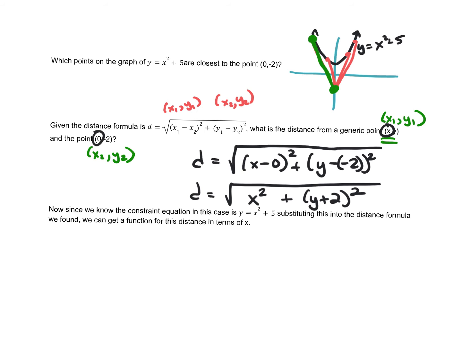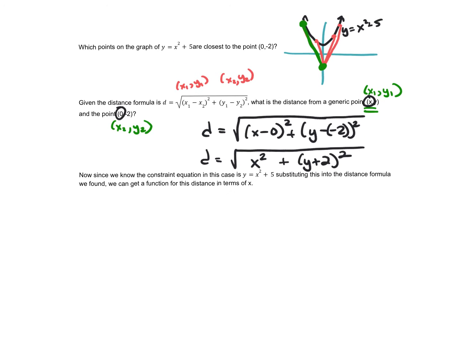The problem with this is this still has three variables. It has d, x, and y. And that'll be true of a lot of these. We'll have to do something to get rid of them. In this case, we're going to substitute. The nice thing is I have x, and I would like to get rid of y. But remember, for all points on this parabola, y equals x squared plus 5.